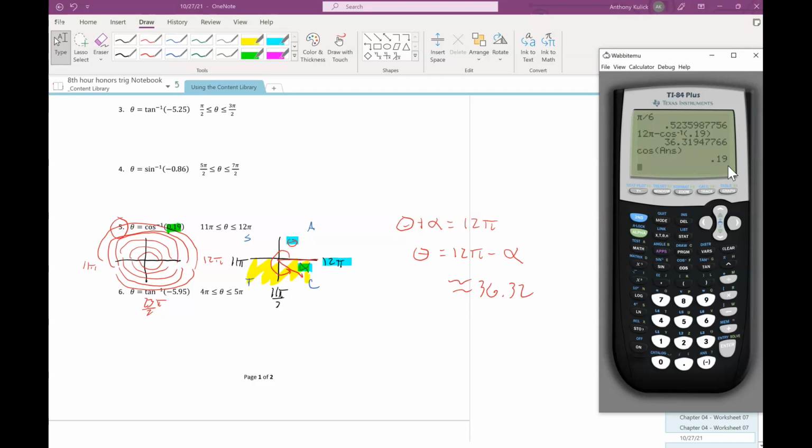Actually, there's two phases to this check. You should definitely check to make sure that 36.32 is between 11 pi and 12 pi, and that when you plug it in for cosine, you get 0.19. Because there are lots of values of theta that give you a cosine of 0.19, there's only one between 11 pi and 12 pi that does that. You know what I mean?